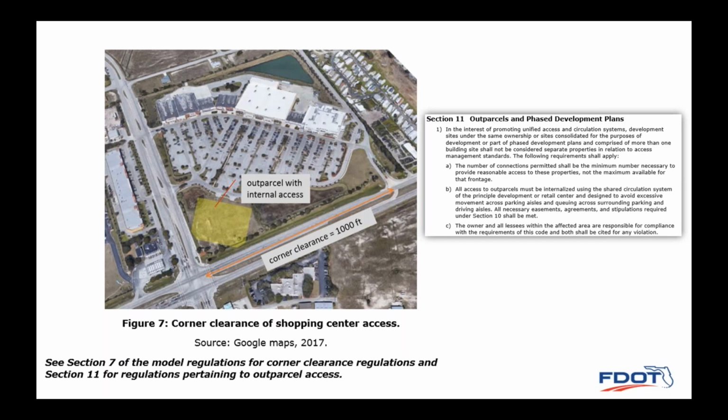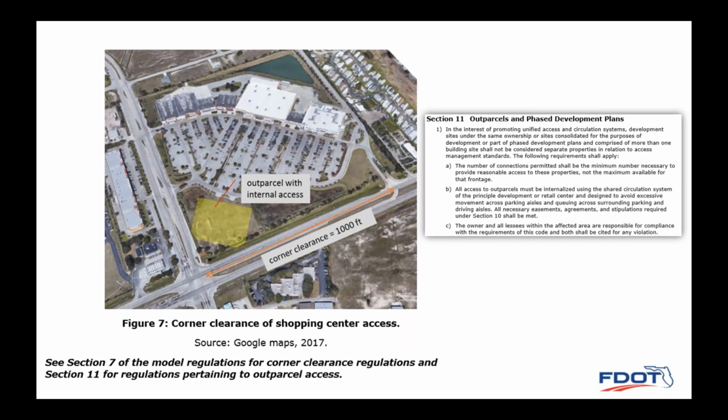And so this is just saying if it's under common ownership or part of a consolidated development, it's going to be treated as a single development for the purpose of access management. And so those accesses should be considered in that respect, and a unified circulation plan provided.